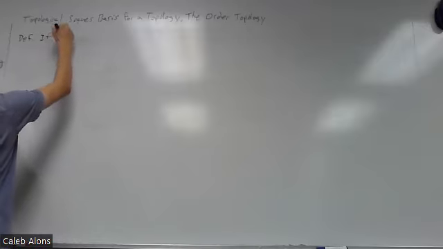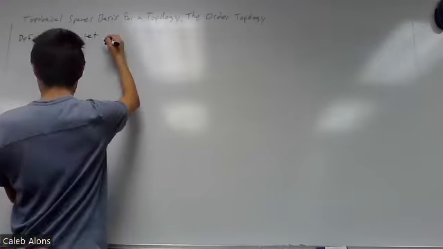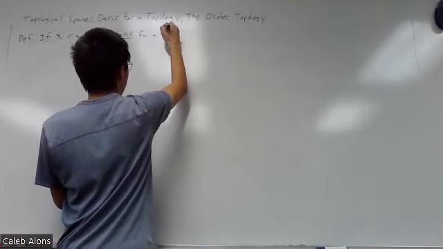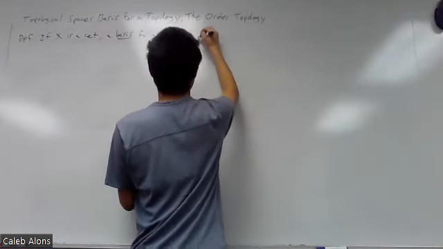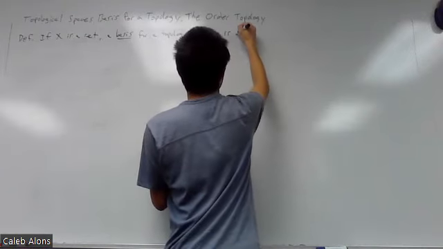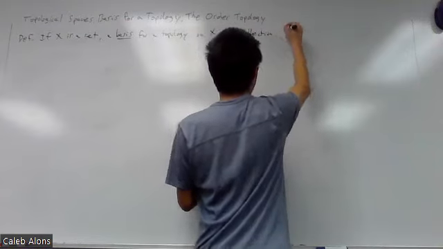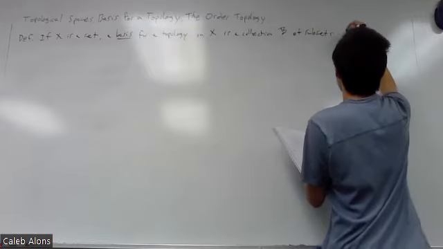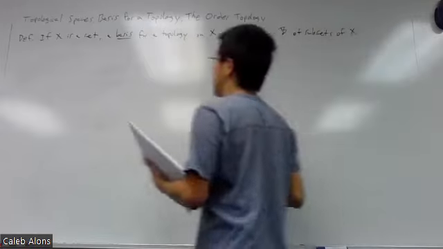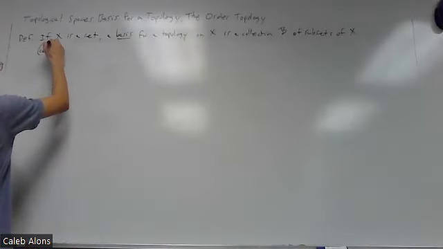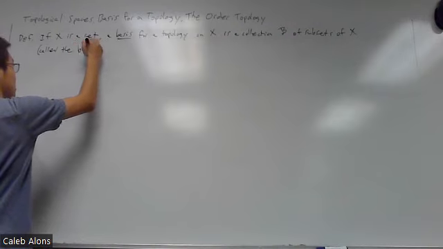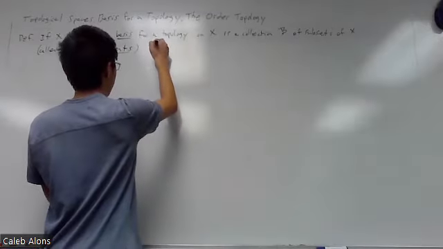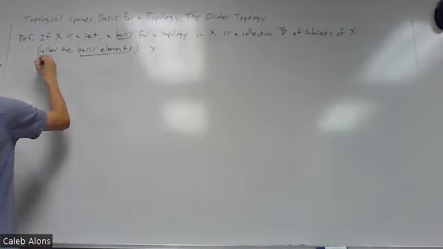Okay, so if X is a set, a basis for a topology on X is a collection B of subsets of X called the basis elements, such that we have two things going on here.